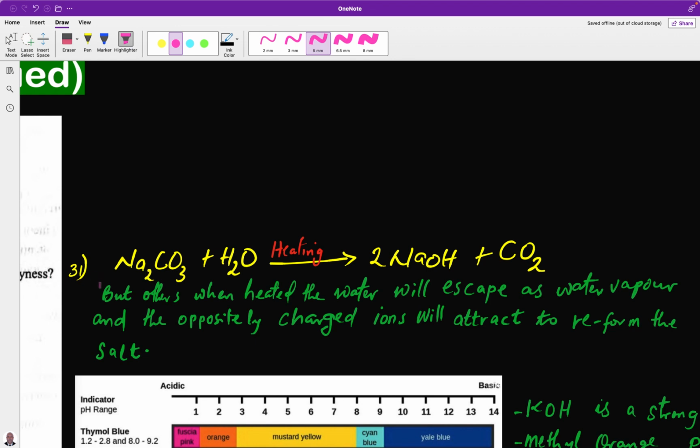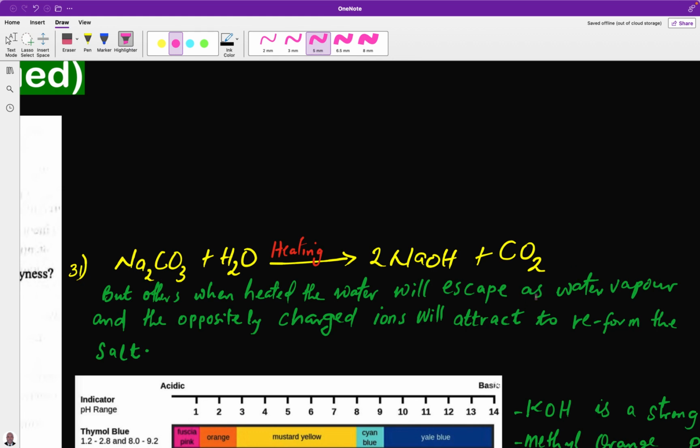Other compounds that I've just listed there, when you heat them with water, the water will escape as water vapor into the atmosphere, and the oppositely charged ions in the salt will be attracted to each other to reform the salt.